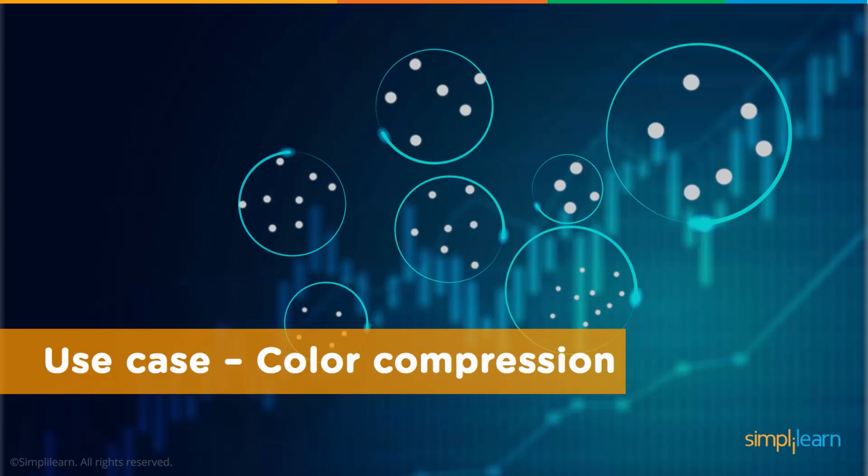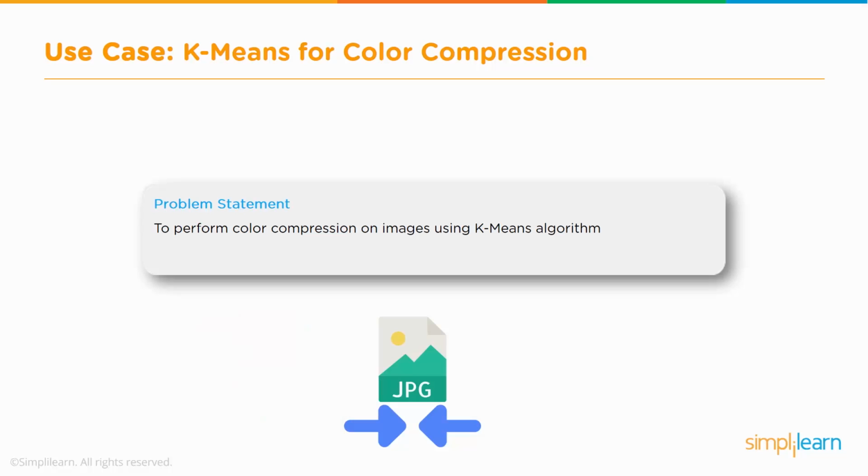We will take a couple of images, so there will be 2 examples, and we will try to use k-means clustering to compress the colors. This is a common situation in image processing when you have an image with millions of colors, but you cannot render it on some devices which may not have enough memory. So that is the scenario where something like this can be used.